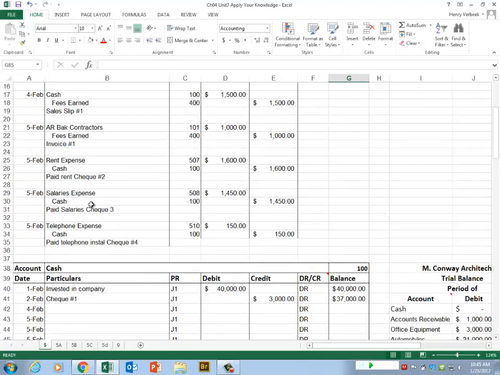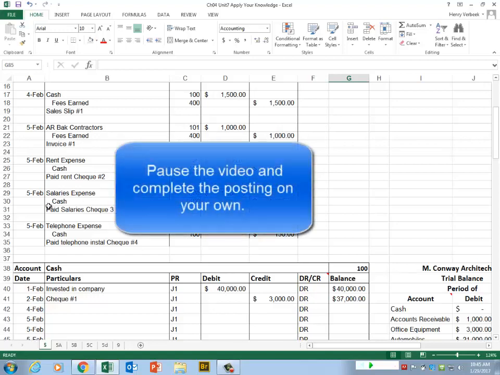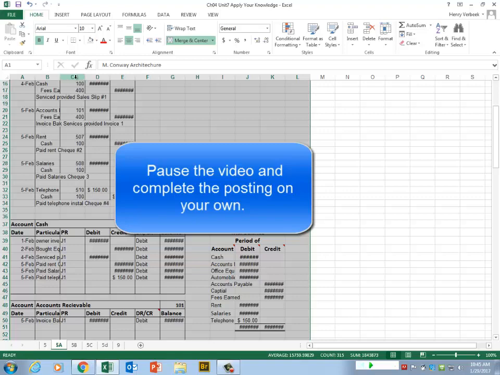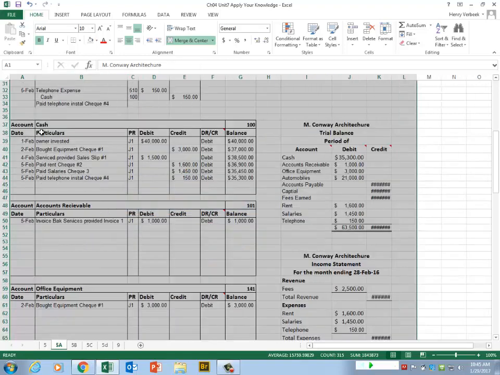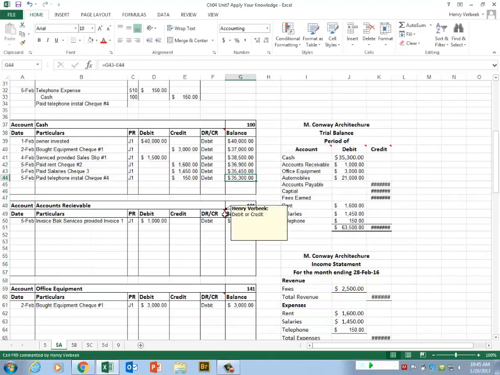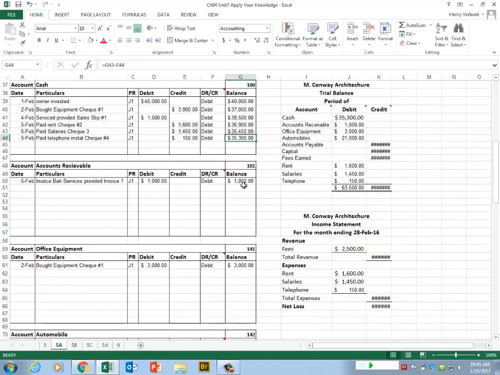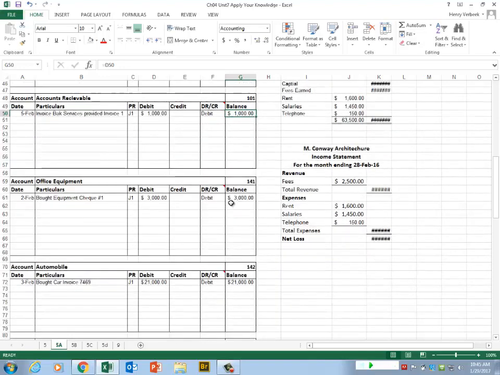I'm not going to post every single one of these, but what I am going to do is move to a new one where it's completed, and we'll take a moment to check to make sure it works. So I'm just going to move over to this one, which is a finished version of it. So cash, you should finish with 35,300. Accounts receivable should finish with 1,000.